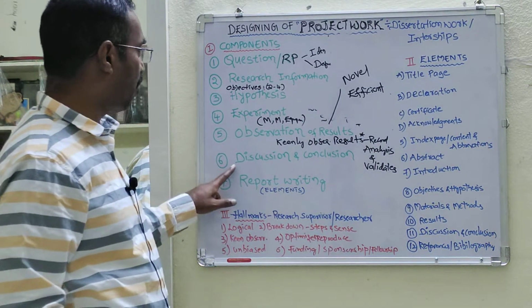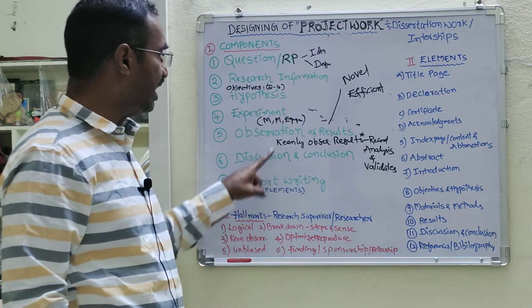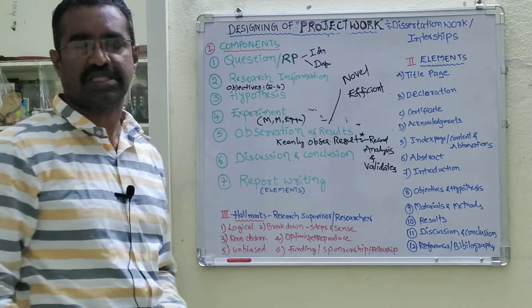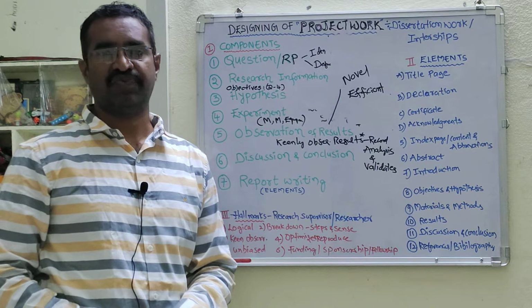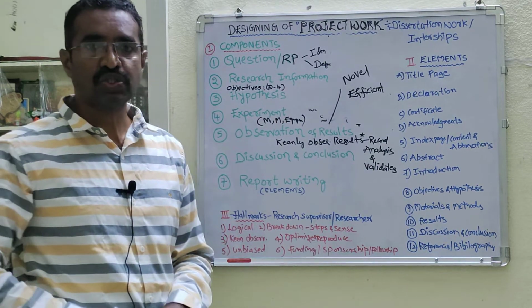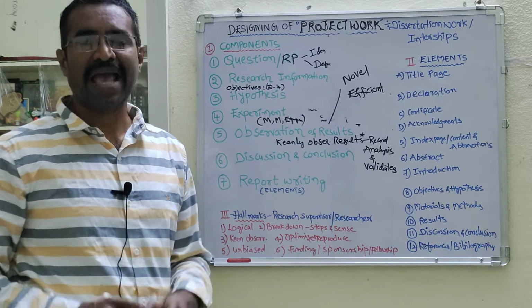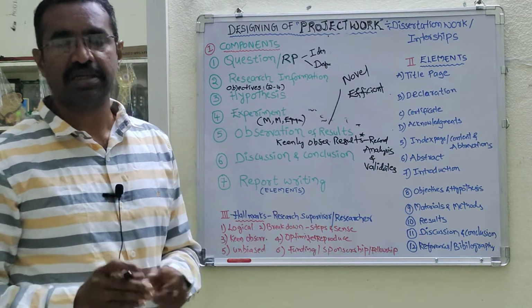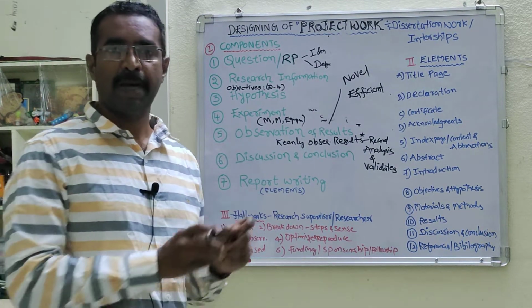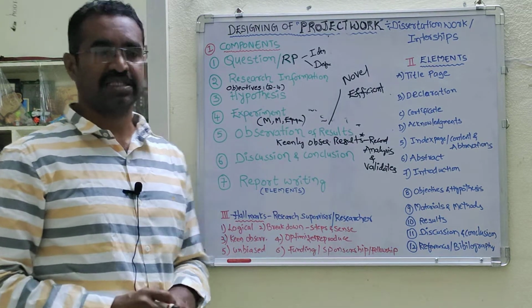And the other component is that after getting results, you have to discuss your results with the previous findings. Your results should coincide maximally with previous findings and depart minimally from the present results. Then it is accepted.